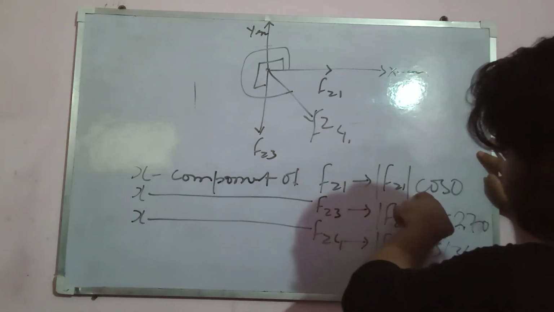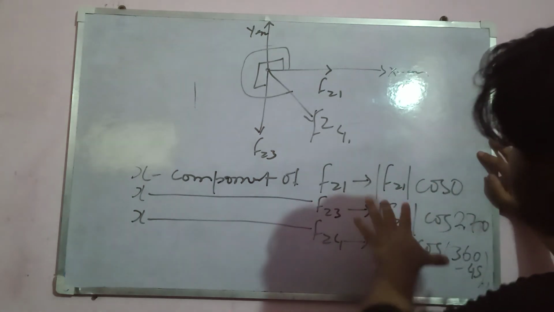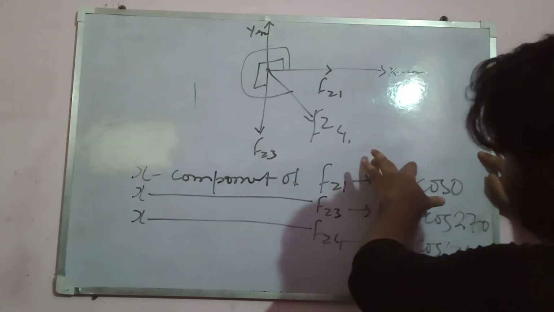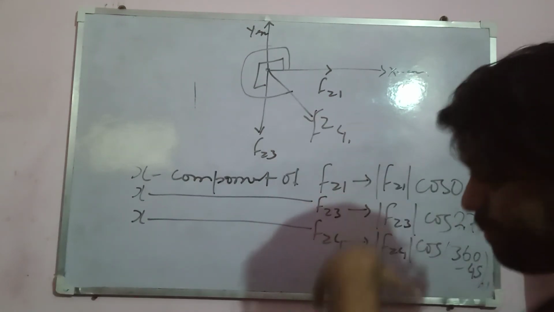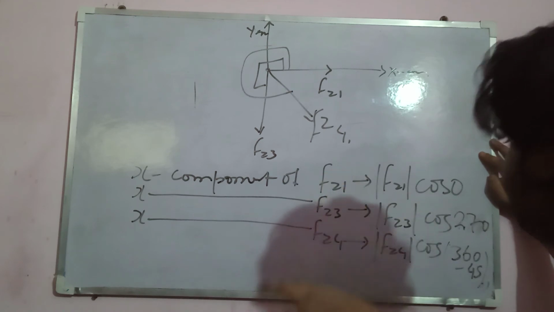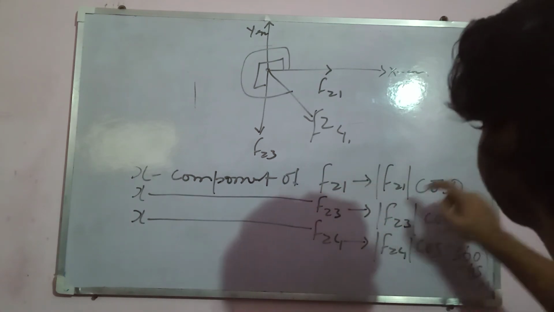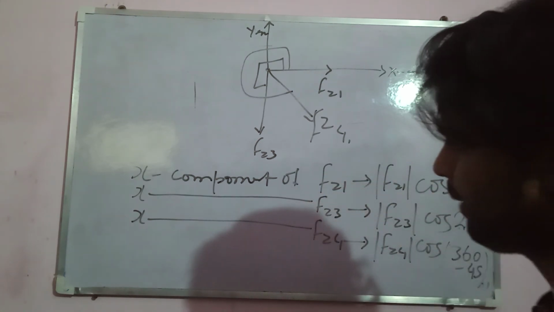F21 is along the x-axis, so it makes angle 0. So I'm taking F21 cos 0 degree. This is the magnitude of the force, not its vector form.